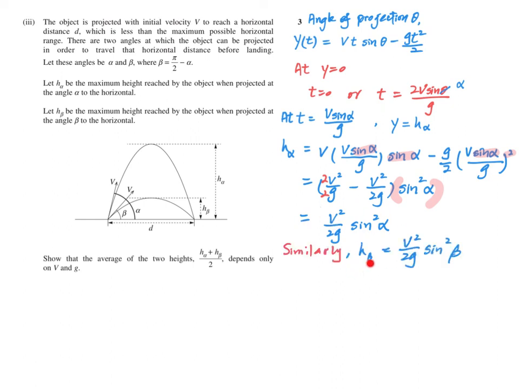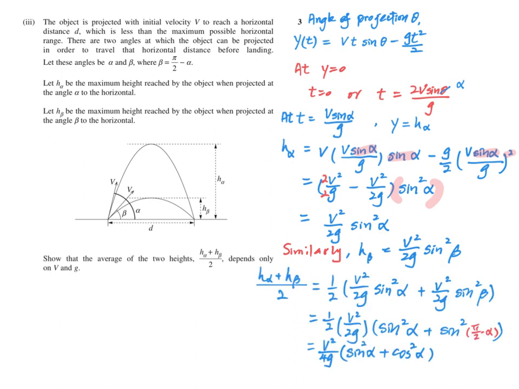Similarly, for h beta, it would have the same form as h alpha. Instead of alpha, the projection angle now changes to beta. And the average of the two heights should be the sum of these two divided by 2. Let's take out the common factor of v squared over 2g, and we would have sine squared alpha plus sine squared beta left.